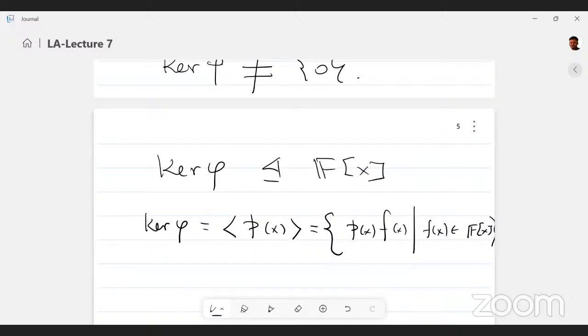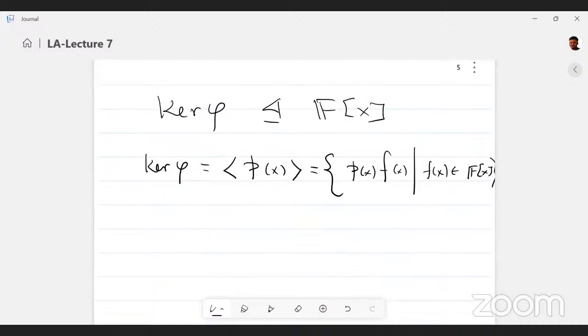There are many characterizations of this p(x), and I will leave that as an exercise. You can choose p(x) to be a monic polynomial because we are working over a field. If the leading coefficient is nonzero, you can multiply by its inverse and make it monic.